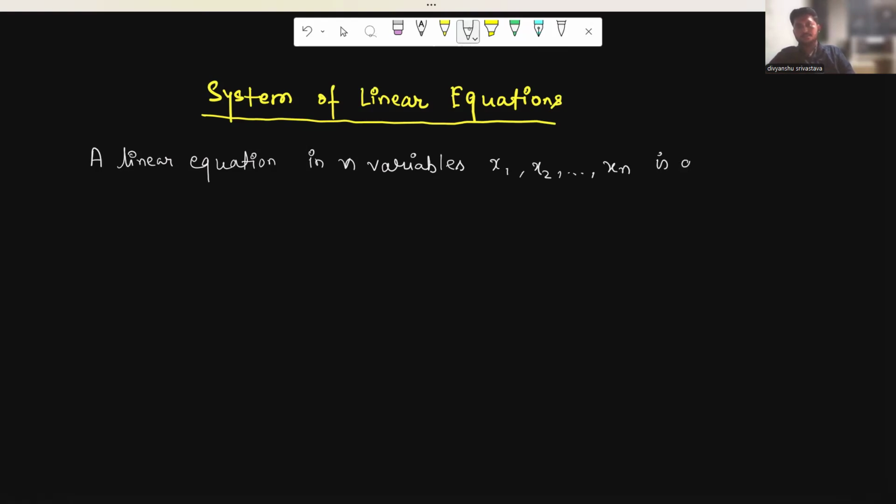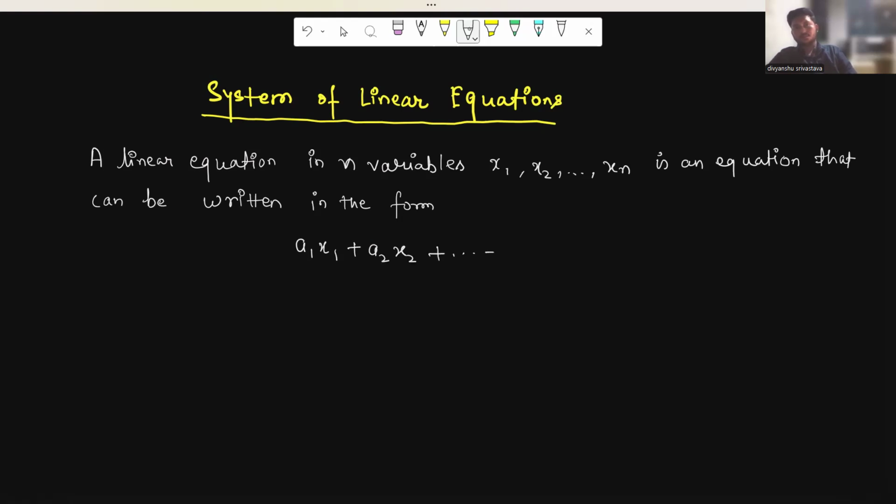It is an equation that can be written in the form where the terms are a1 x1, a2 x2 up to an xn, which is equal to b.